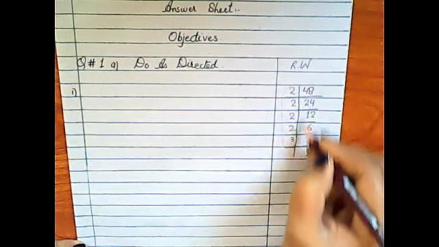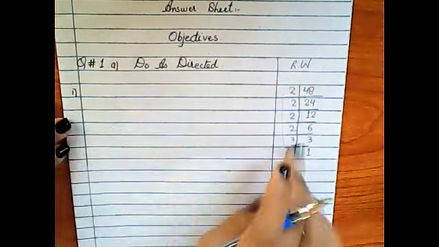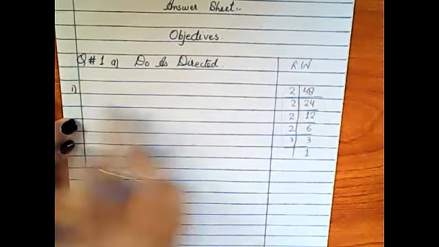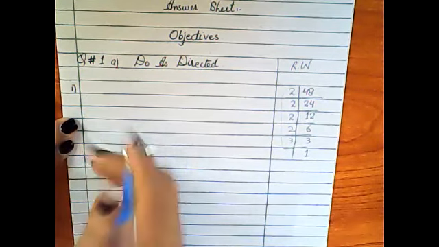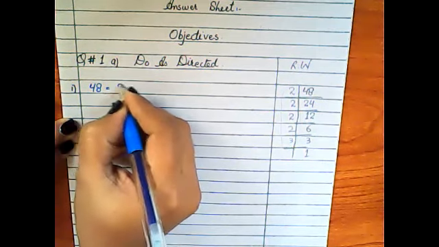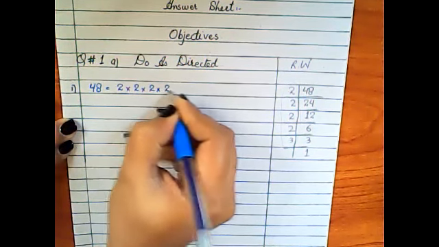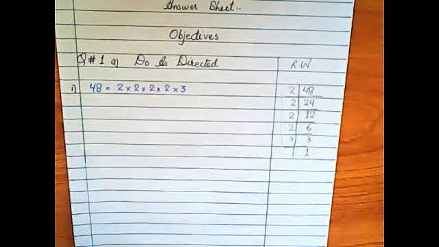So these are the prime factors. How will you write down the answer? You will simply write it here. No need to show the solution here. Simply write down the answer: 48 equals 2 multiplied by 2 multiplied by 2 multiplied by 2 multiplied by 3.